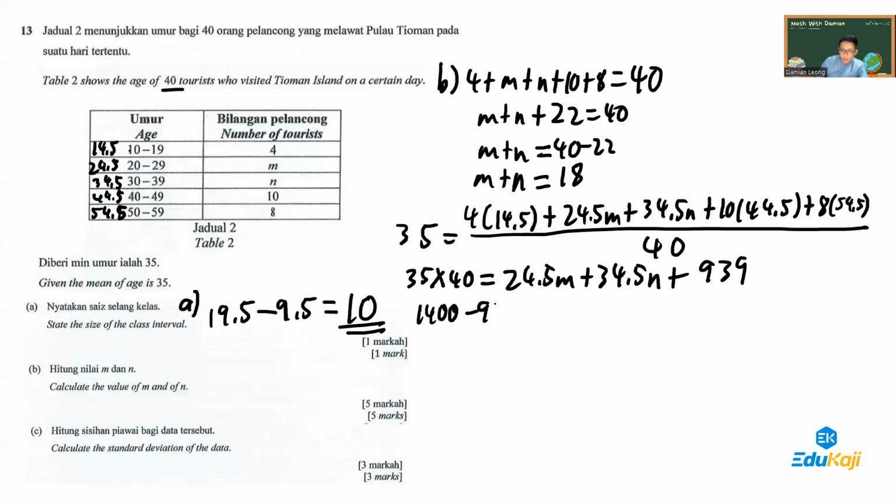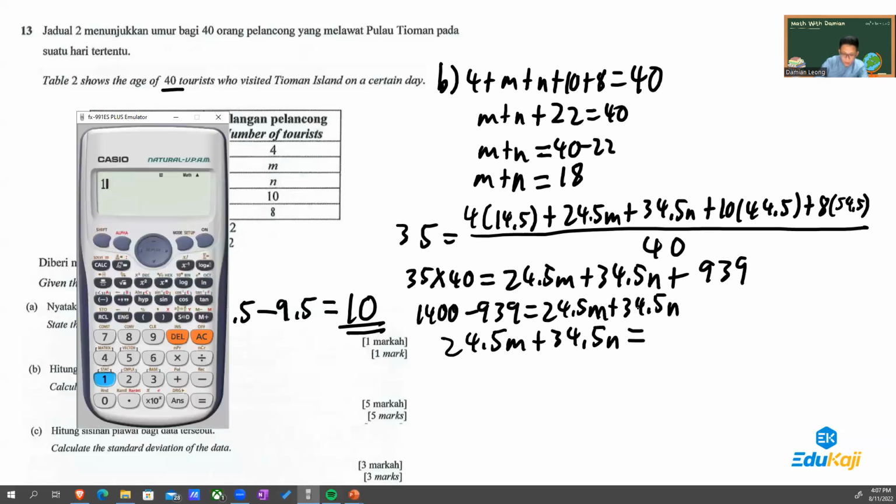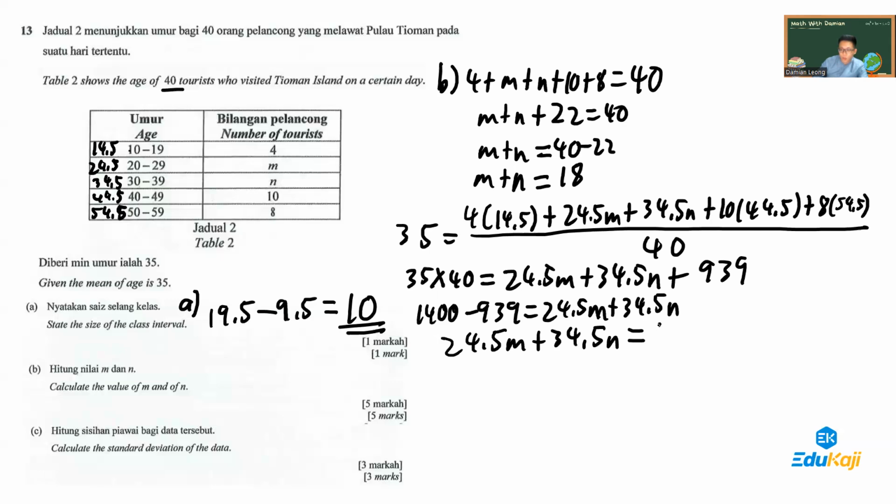Bring over 939 to the opposite side, minus. So 24.5 M plus 34.5 N equals 1400 minus 939, which is 461.